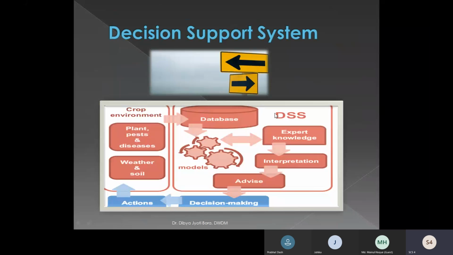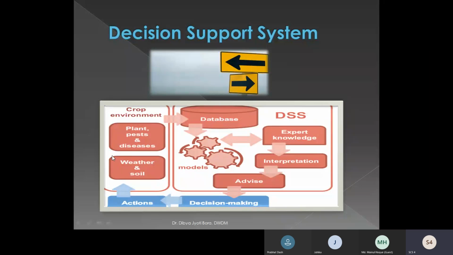Right. Then the next thing that comes to our mind is what a decision is, since I have just uttered the term decision making process. So we have to know what a decision support system is. From this diagram, I hope you can see my screen.